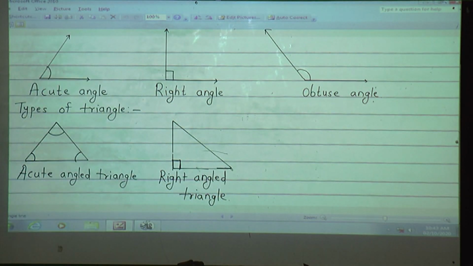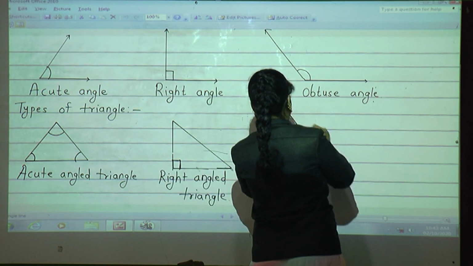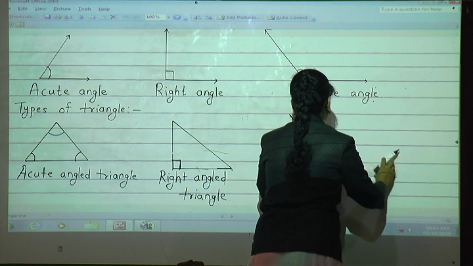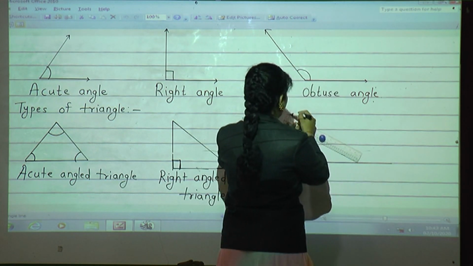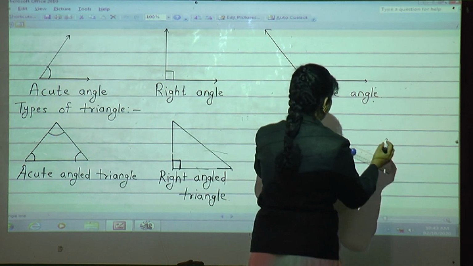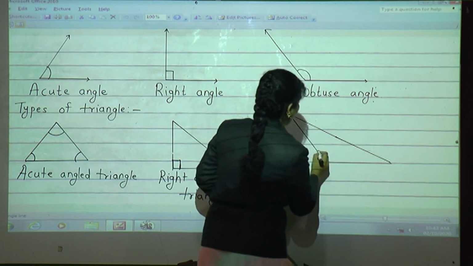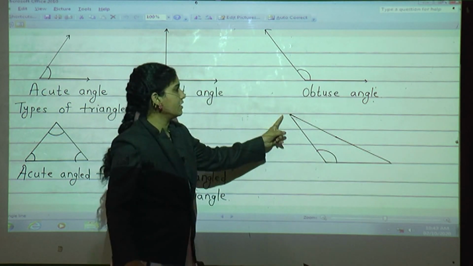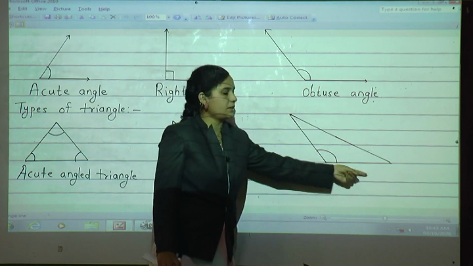Again, next one. See. Here you can see one obtuse angle. Yes students, you can see now.